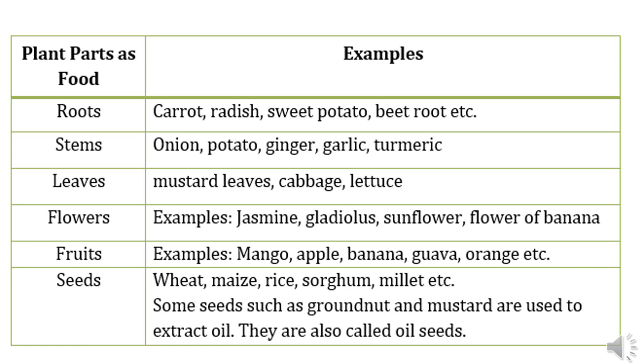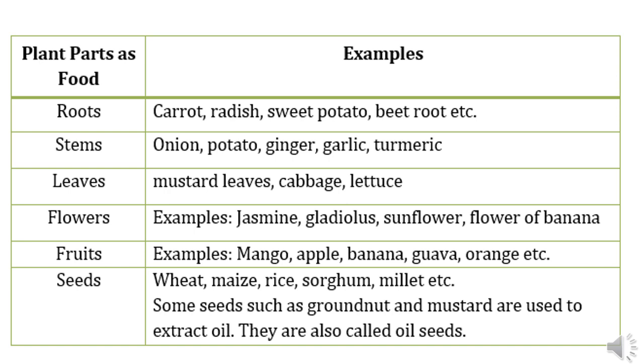If we talk about stems that can be eaten, the examples are onion, potato, ginger, garlic, turmeric. Turmeric means haldi. Now you will wonder that onion and potato grow under the ground, so these should be roots. But actually they are not roots.